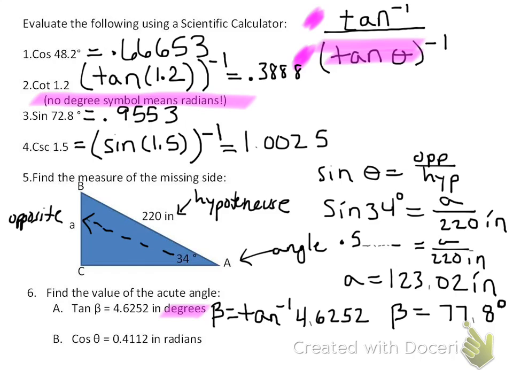So again, we're going to do it with the cosine of theta equals 0.4112, but this time we want to work in radians. So everybody switch your calculator over to radians. Again, how do you undo cosine? Inverse cosine. So that means that theta is going to equal the inverse cosine of 0.4112.